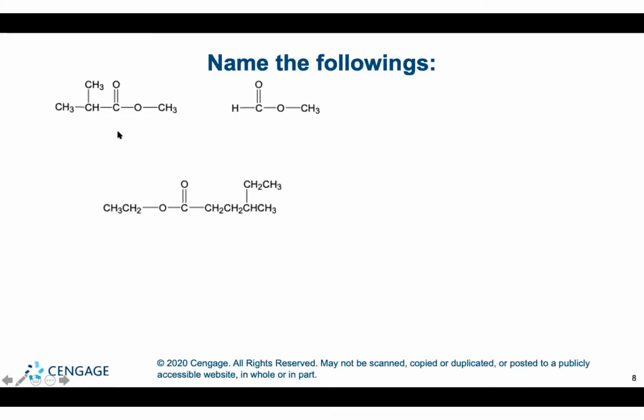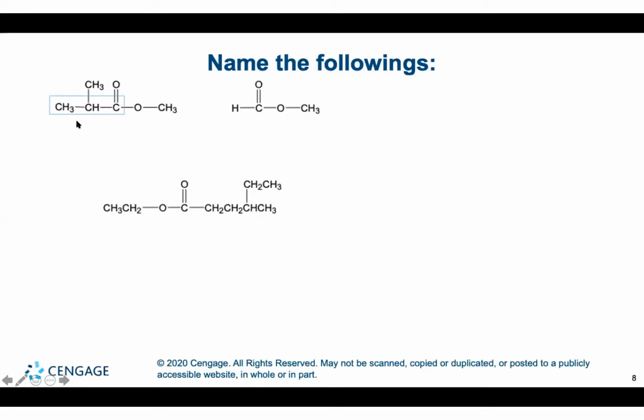So let's name it. For esters, we said that we look at what alkyl groups are directly attached to oxygen, and we name them first. So here I have a methyl, and I know that my longest chain of carbon is here.